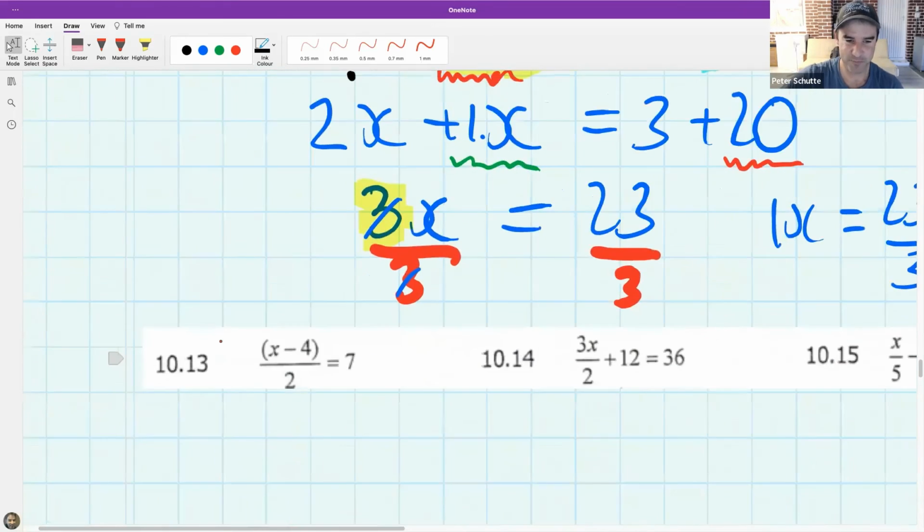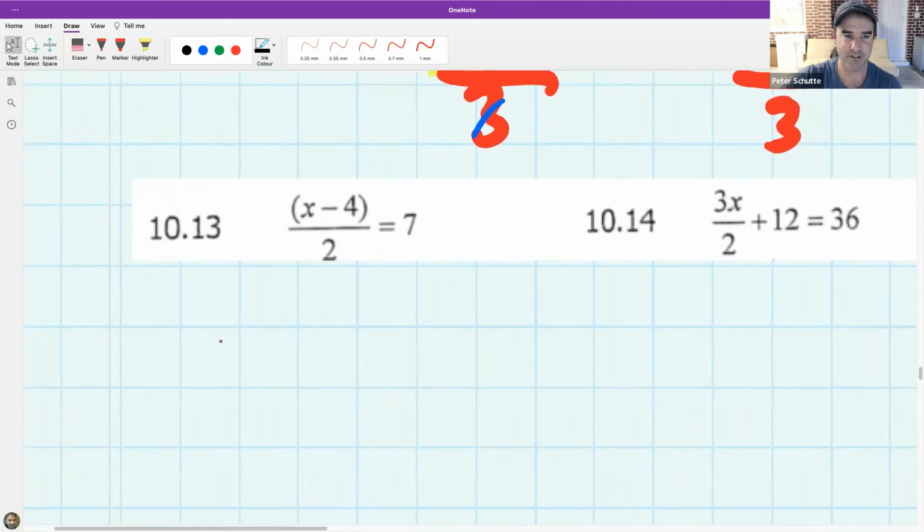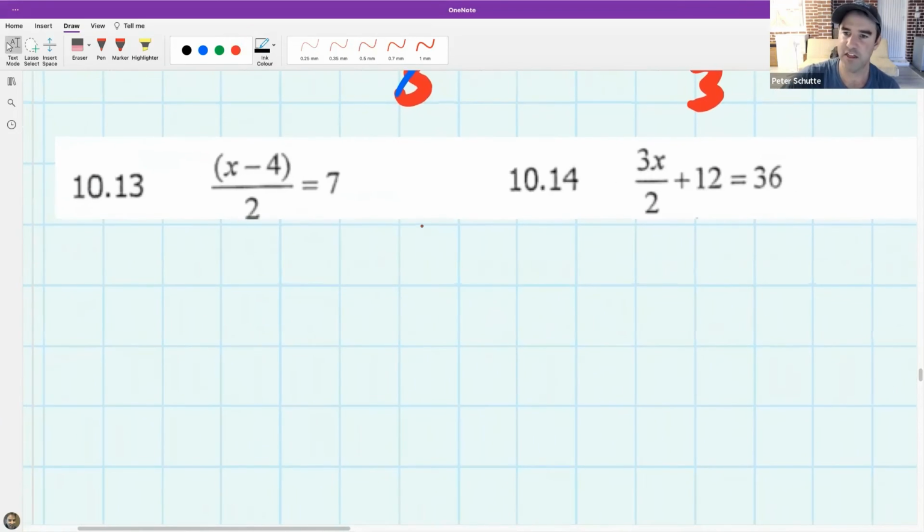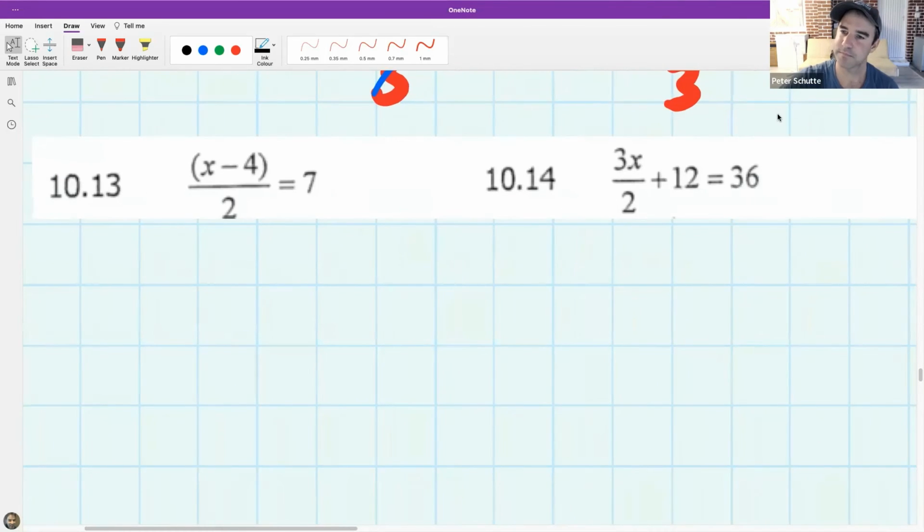What I would love you guys to do is 10.13 for me. I just want to finish today with 10.13, and those who are really feeling on fire, you can do 10.14. Let's do this, guys. These are quite interesting.